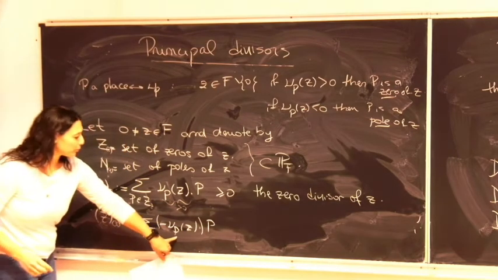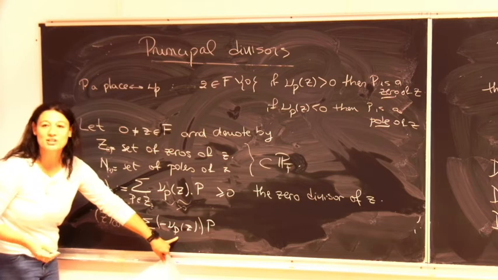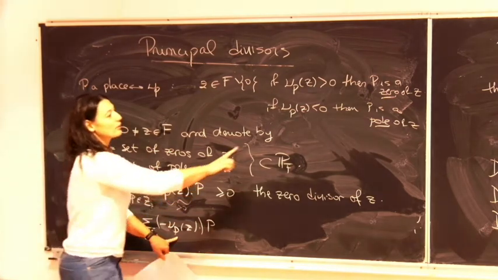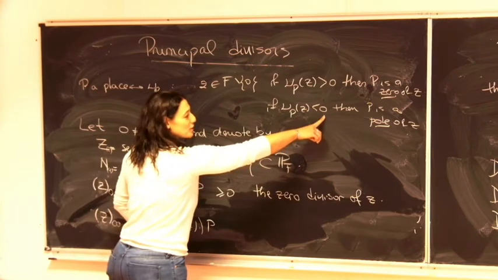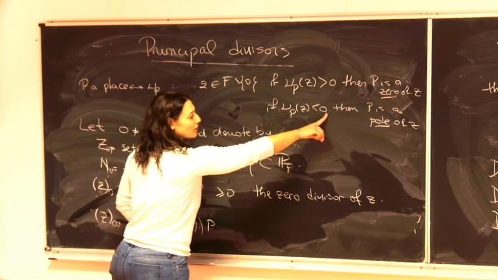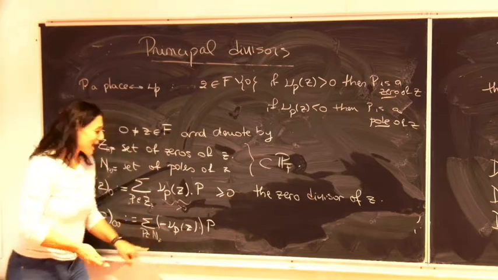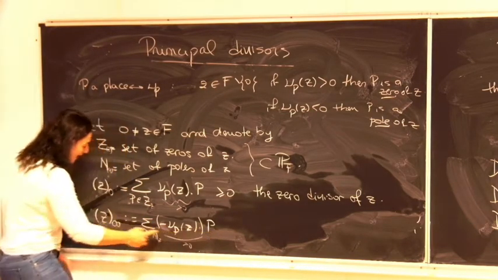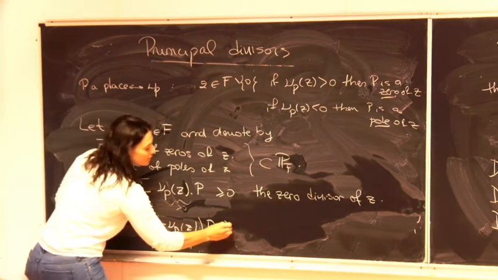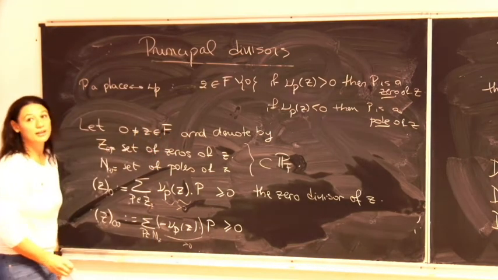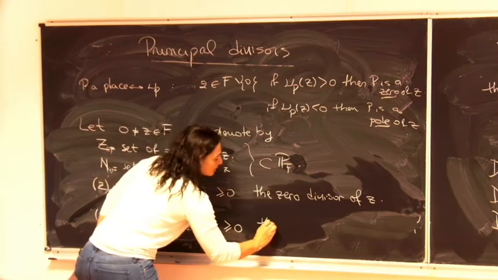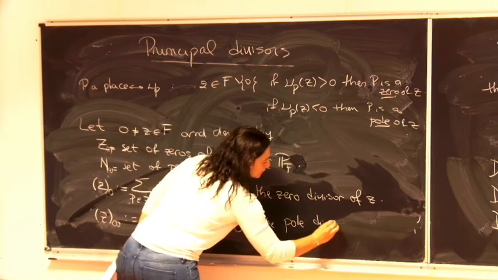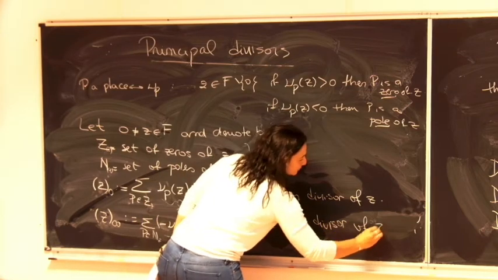Why minus the valuation? Because since P is a pole of z, the valuation is negative. So if I put minus the valuation, I get a positive number. Defined like this, the pole divisor is going to be an effective divisor as well. So this is called the pole divisor of z.